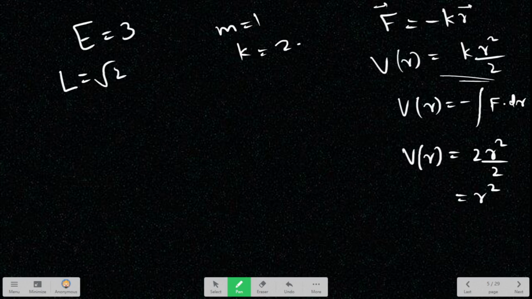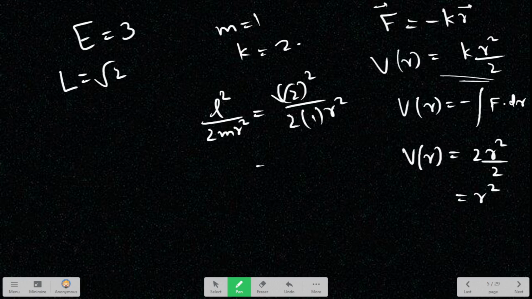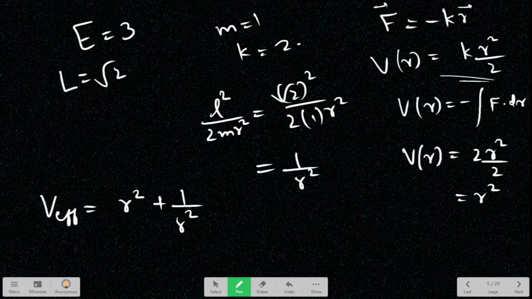And L square by 2 m r square is equal to root 2 square by 2 into 1 into R square, so this is equal to 1 by R square. So V effective is equal to R square, that is V of R, plus L square by 2 m r square, which is 1 by R square. So this is the V effective.